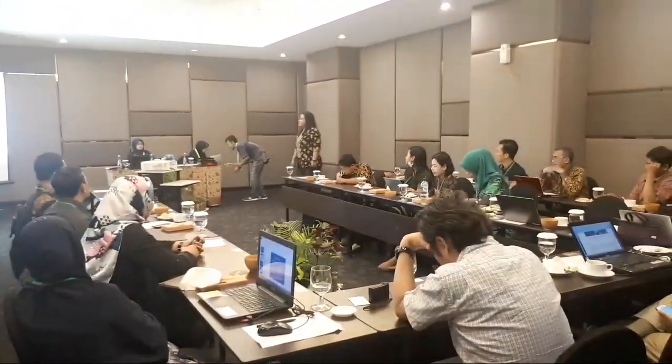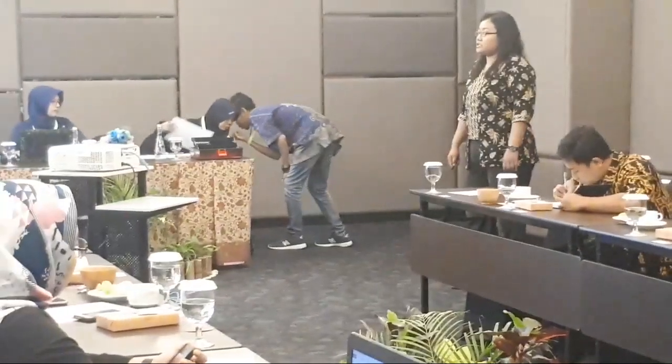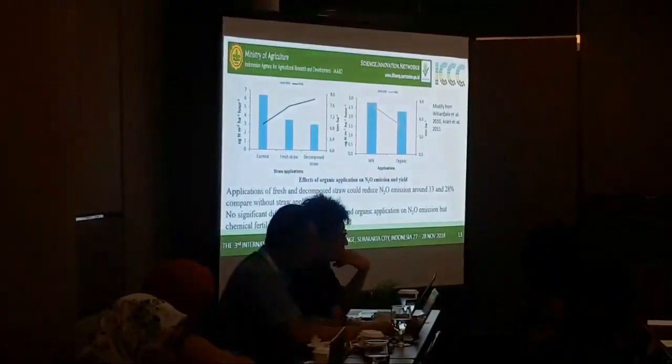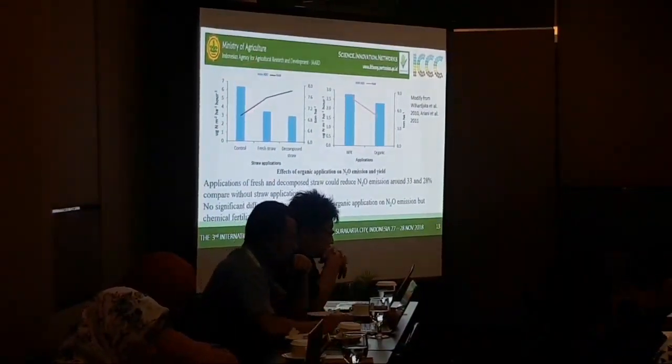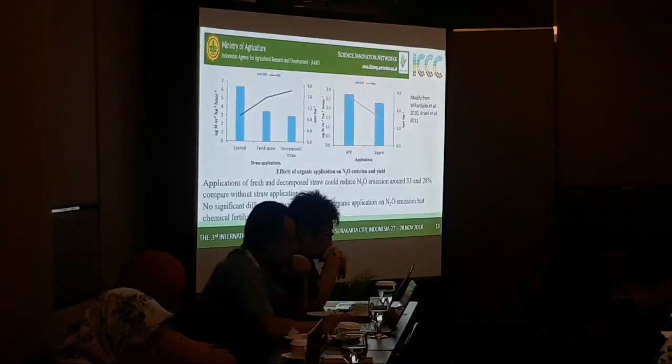Next. And this is the application of organic matter in the soil. So we can see both of them resulted in lower nitrous oxide emission, but a little bit contradictory with the yield. In the first study here, the yield is higher compared to the control, because control only applied inorganic fertilizer, but for the second, fresh straw and decomposed straw were also applied as organic fertilizer.